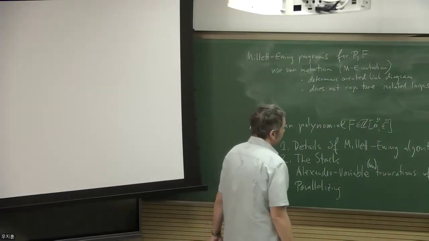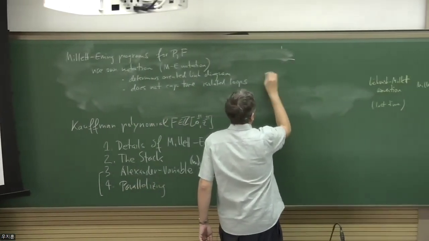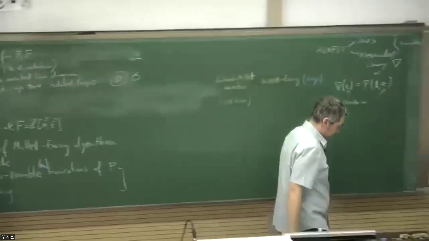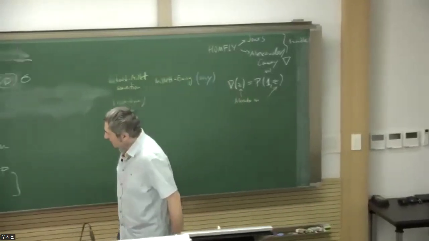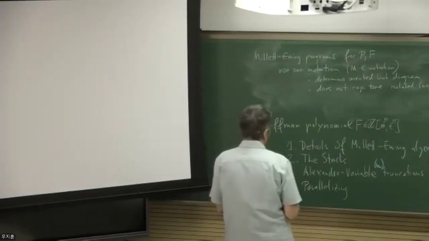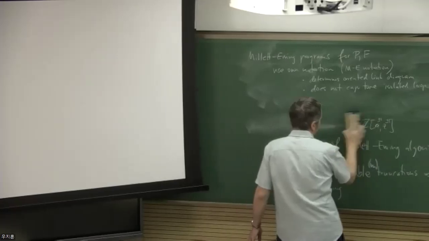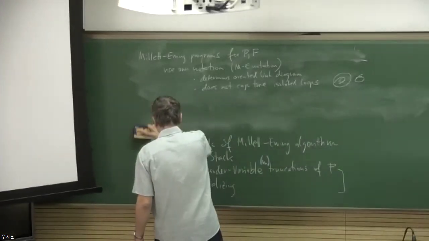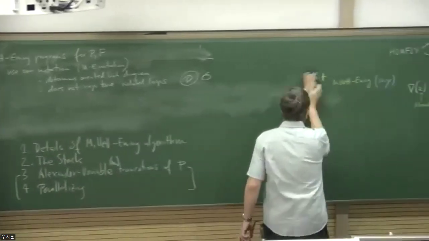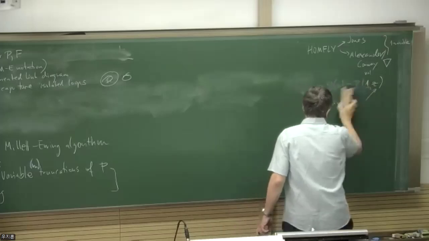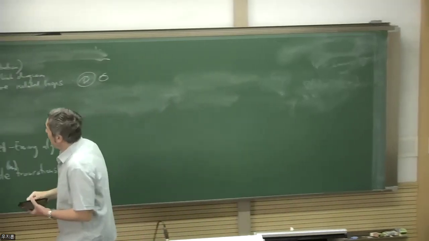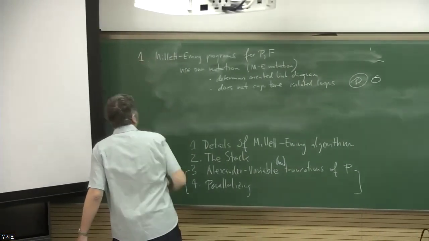So these extra loops have to be counted separately. This is the Millett-Ewing notation that was developed by Millett and Ewing for their programs. I started last time explaining how these programs roughly work. So now I give some more details about point one.